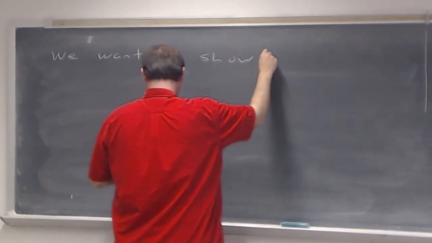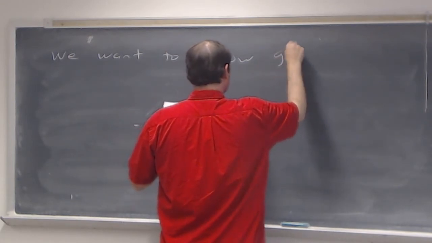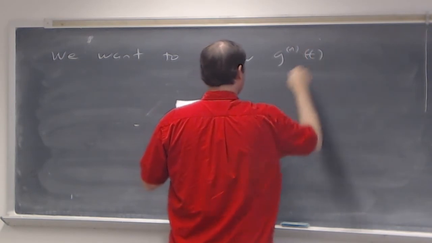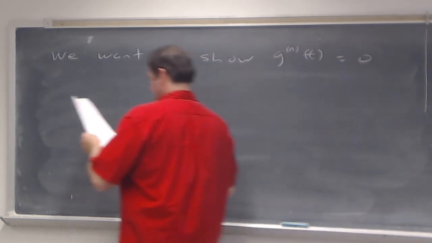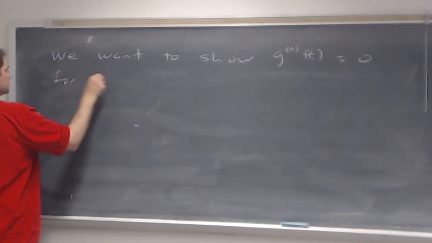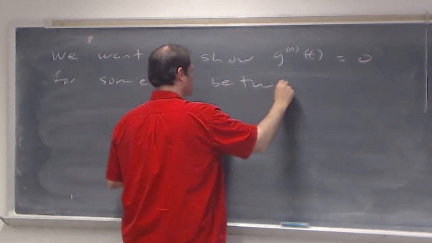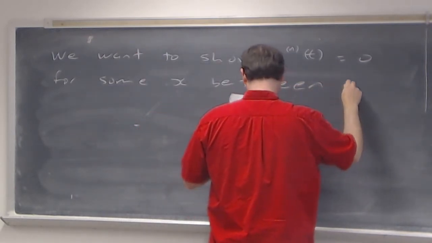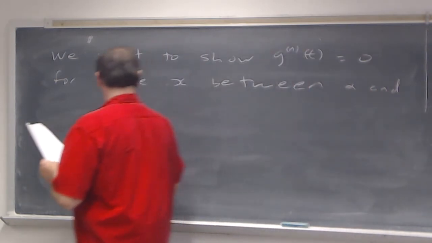So we want to show the nth derivative of g equals 0 for some x between alpha and beta.